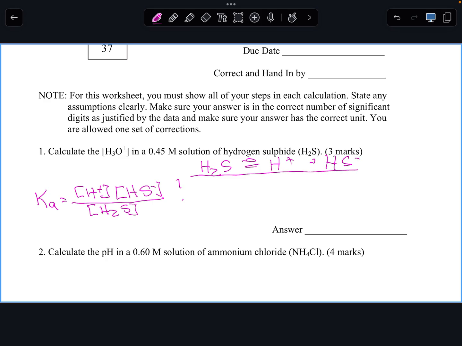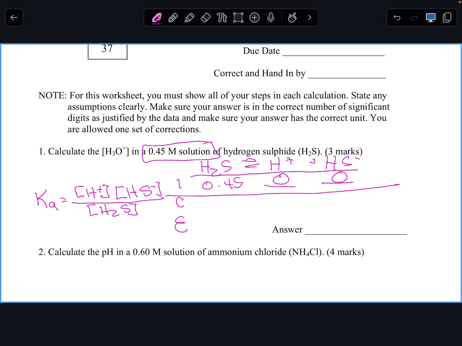And we need to do our ICE. Here is my given initial concentration, 0.45 molar. What will be the initial concentrations that go here and here? 0. Does everybody remember that that's 0?